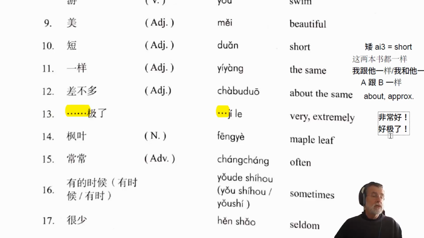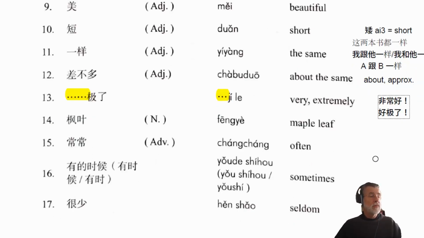Okay, 好极了, extremely beautiful, 漂亮极了, 美极了, using the character that we learned for hot in part 1 of this, 热极了. Or using the other word that we learned for cold in part 1, 冷极了. So the main thing to remember is that this expression 极了 comes after the word that it modifies.